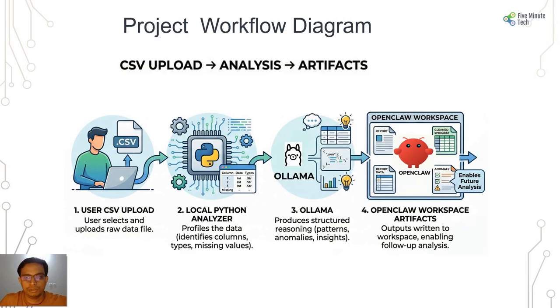And then the OpenClaw workspace artifacts will be generated, where the outputs are written to a workspace folder, enabling follow-up analysis. It will have the reports, the spreadsheet, the anomaly and the report data. So we'll be seeing all this in our demonstration.